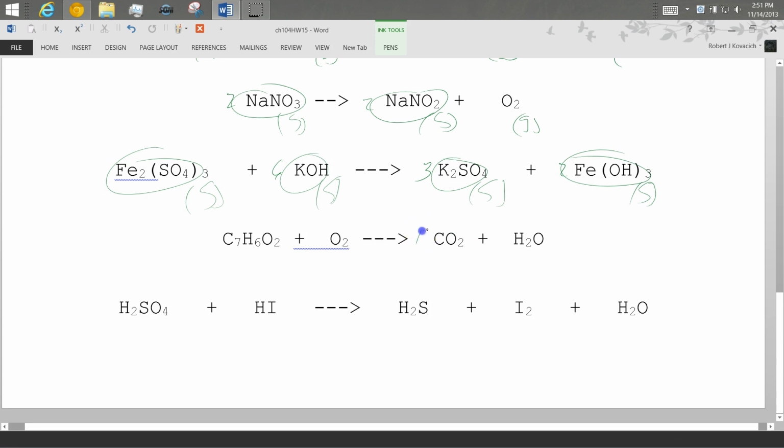So if I go with 14 here because I put a 2 here, then I can put a 6 here, and then I can get an even number of oxygens. And so over here I've got 28, so 34. There are 34 oxygens on the right, and so I need 34 over here. I've already got 4 in this first molecule. So then if I put a 15 in front of the O2, then I have 30.